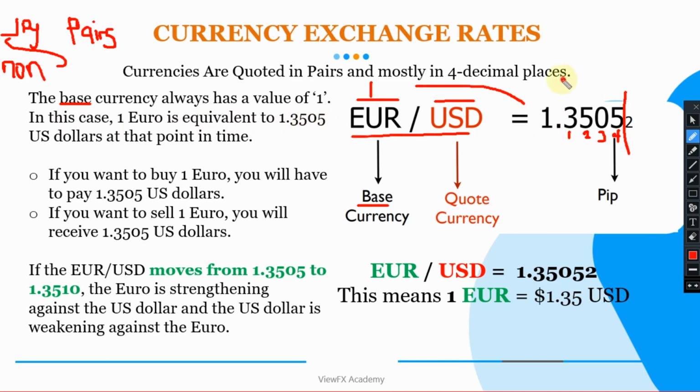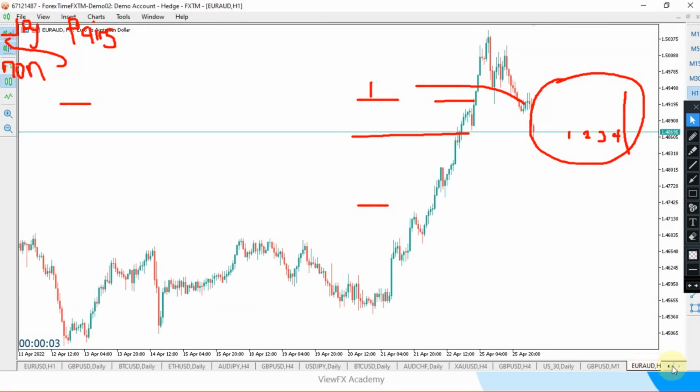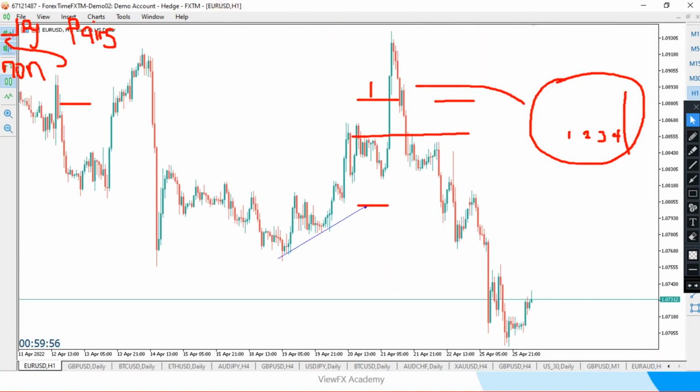So whenever you go to a chart, you're going to see these digits. Let's quickly go to the Euro USD chart. So here we are at Euro USD, as you can see here. Now look at these numbers to your right.